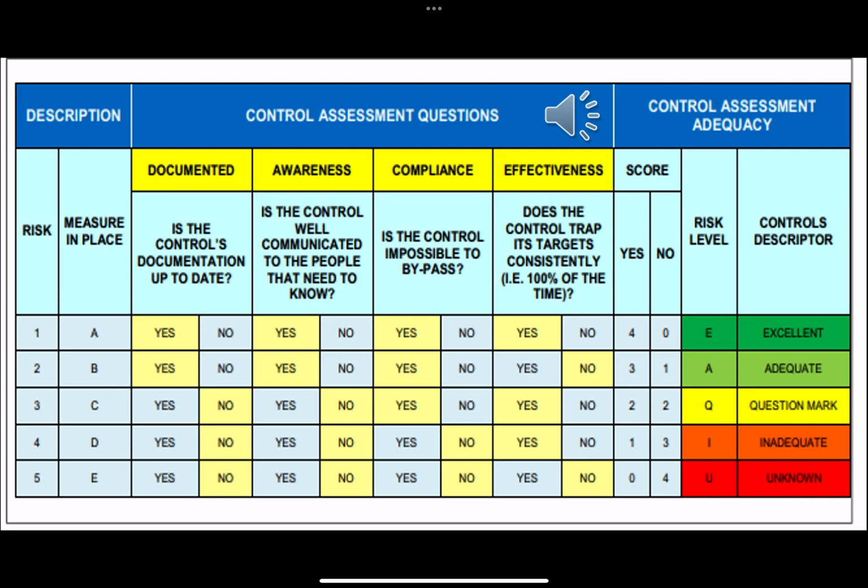Within a control assessment, the identified risk and the measure in place to overcome that risk are present. Then, certain questions are asked to see if a company is comfortable with the measure in place and if it's doing what it's intended to do. Based off these answers, it will give a risk level to see if an organization should make changes and that the risk is too much right now with the current system.